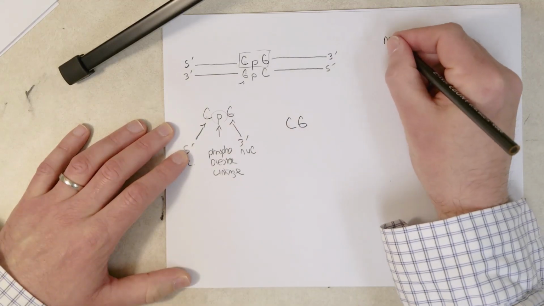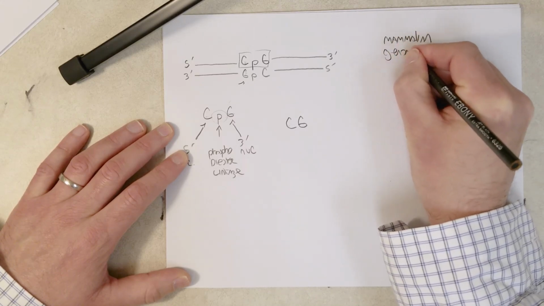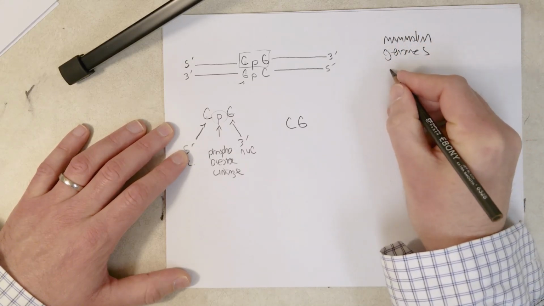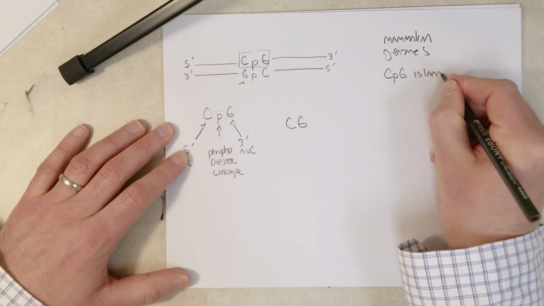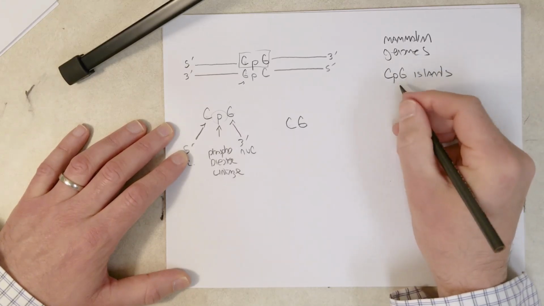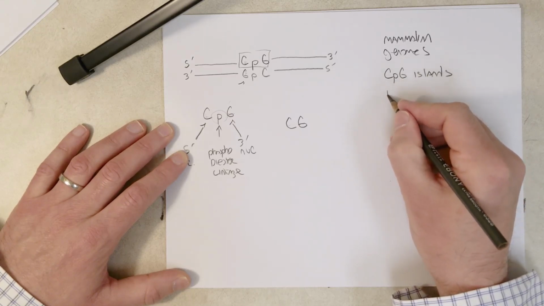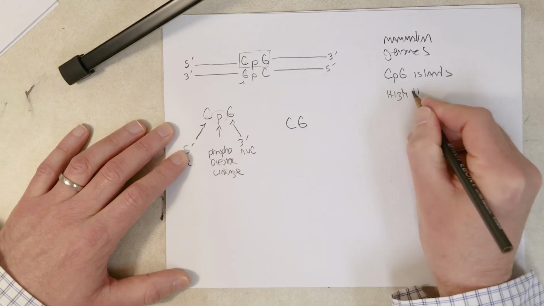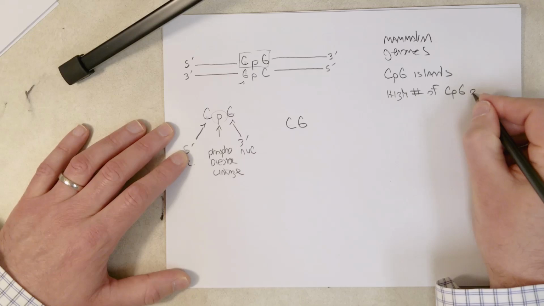Now, mammalian genomes have these rather interesting things called CpG islands. CpG islands are areas where there is an unusually high number of CpG dinucleotides.